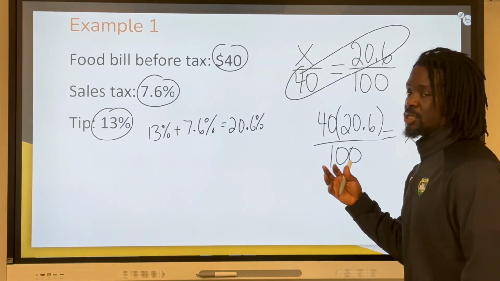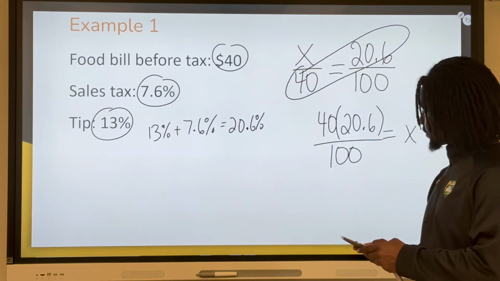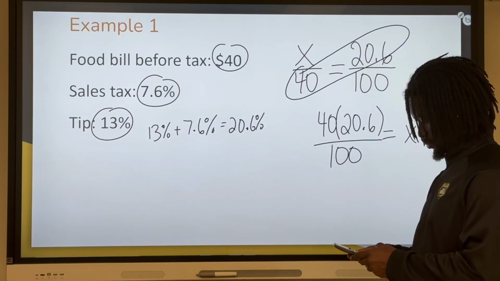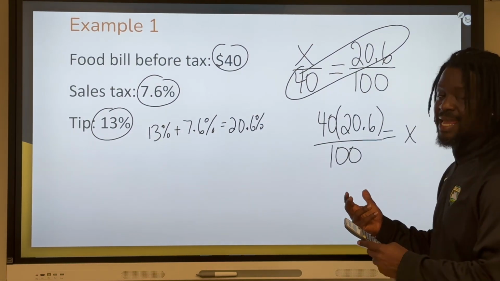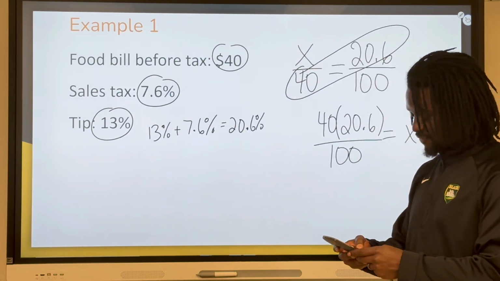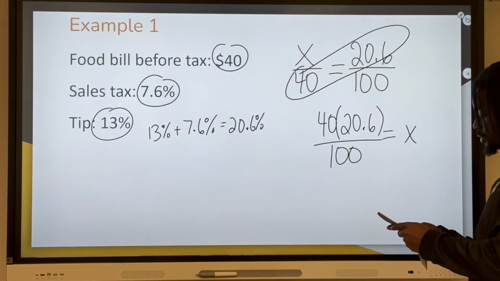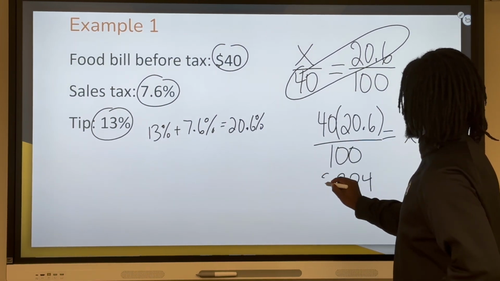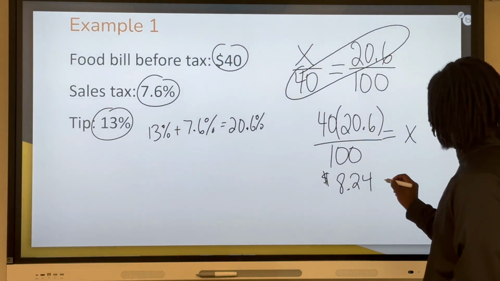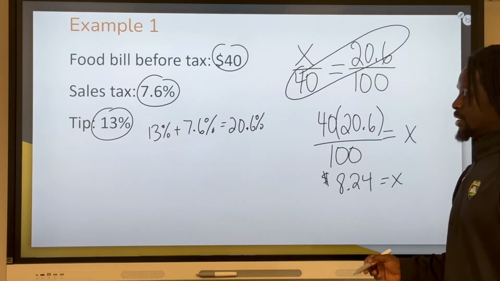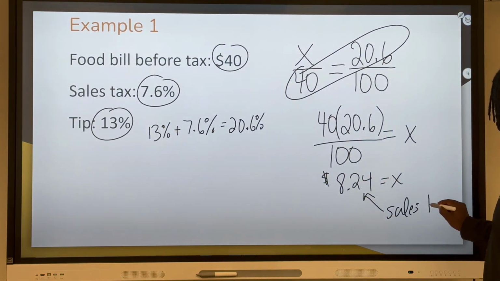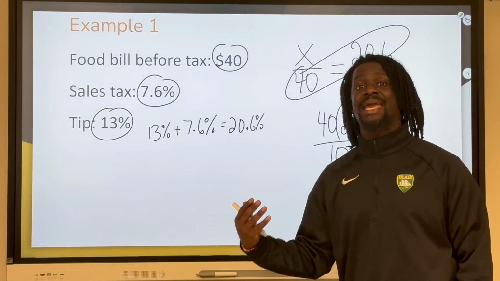So enter in your calculator 40 times 20.6, and then we get 824, and then we're going to divide by 100, and that gives me 8.24. Again, remember this is money, so it's $8.24. And so this right here is the amount of the sales tax and the tip. So this is how much we're paying for sales tax and tip.